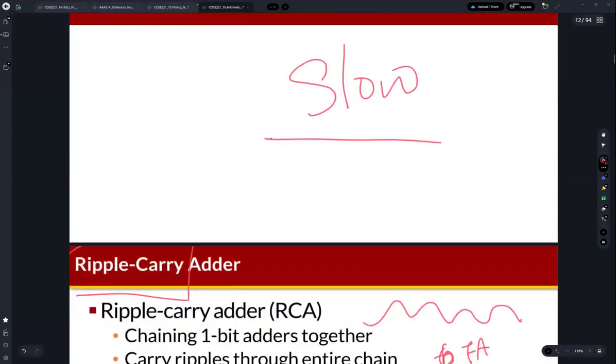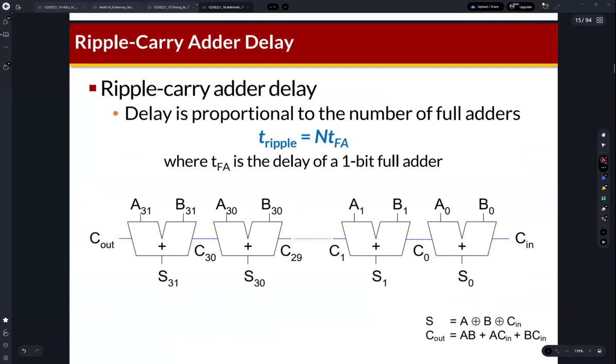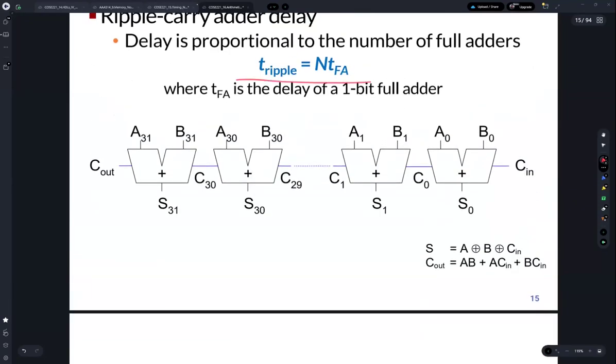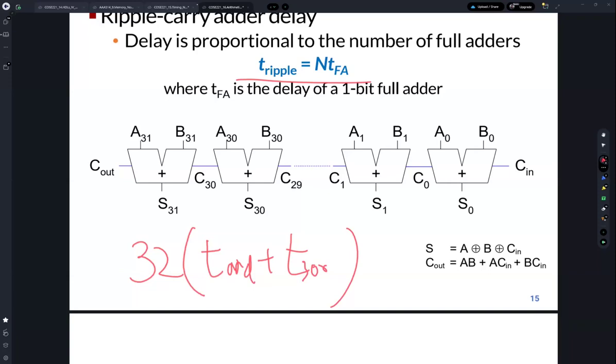So the delay of the ripple carry adder for 32 bits is 32 multiplied by the delay of T AND plus T OR, this is 3-input OR, and then multiplied by 32. Like the n, if n is the number of digits of the adder, then n multiplied by T AND plus T OR. So this is the delay of the ripple carry adder.